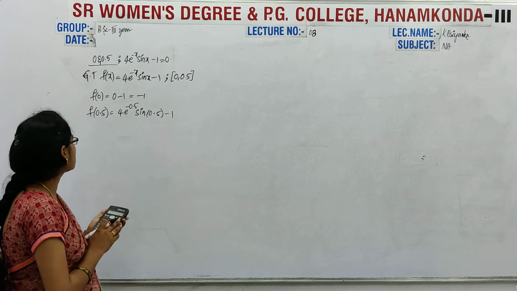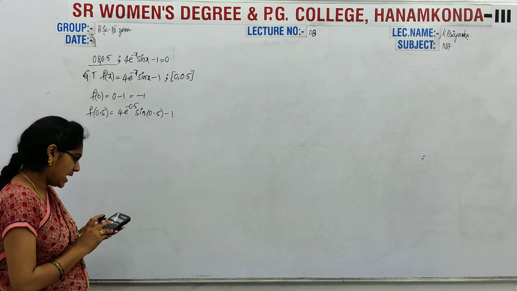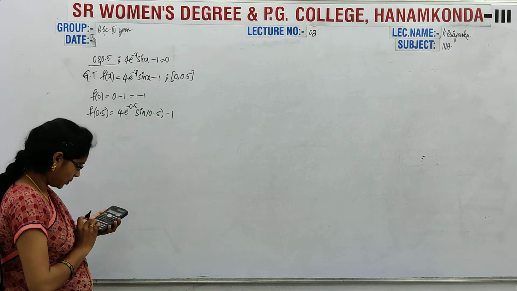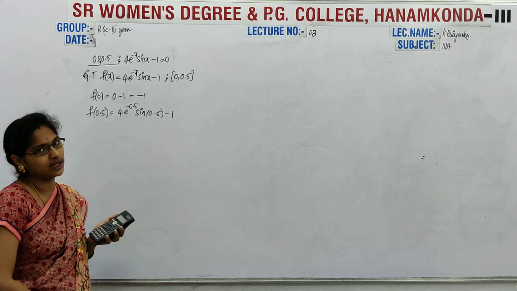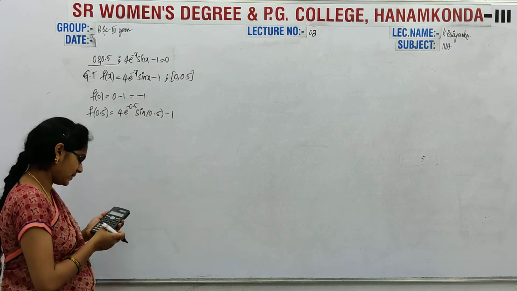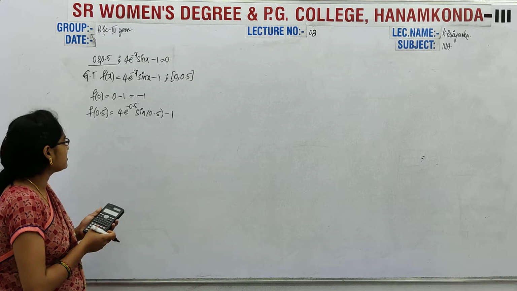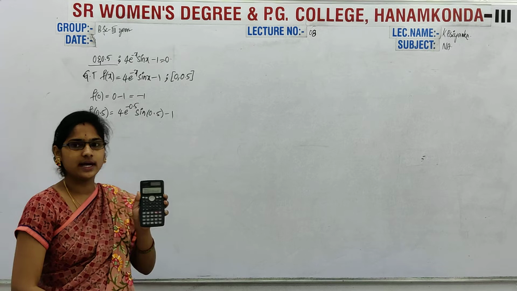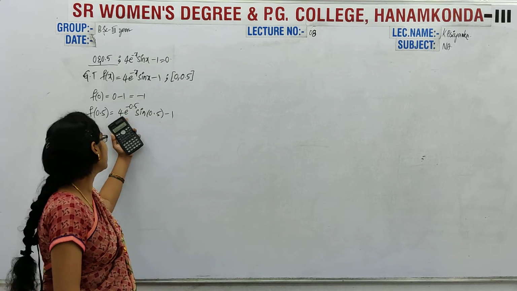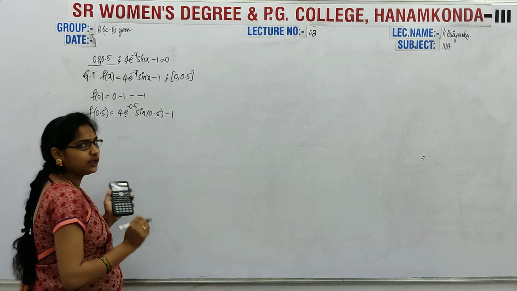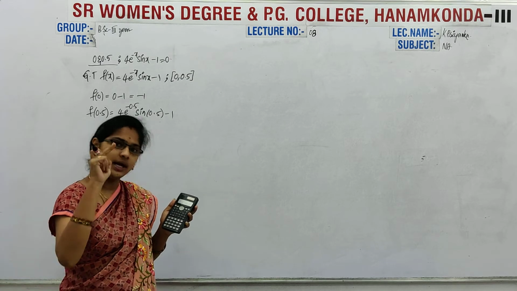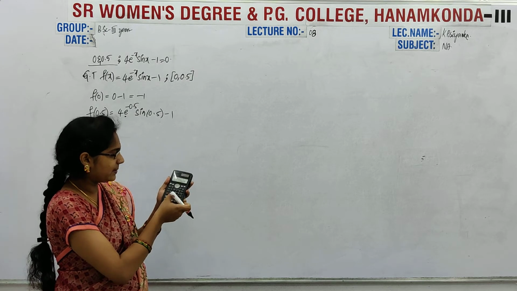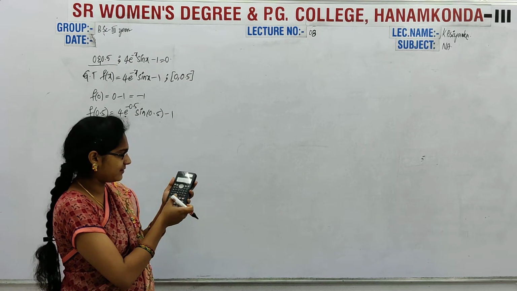Now just take the calculator. First of all, shift ln, open bracket, minus 0.5. We have minus here, so that's why I am taking it this way, with an open bracket. No need to write each and every value, right? In the calculator you can directly press into, and next sin, open bracket, 0.5.